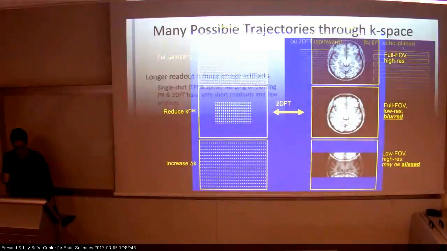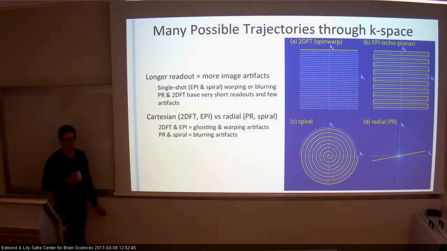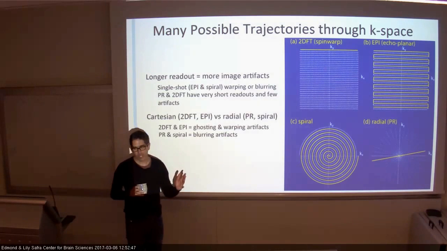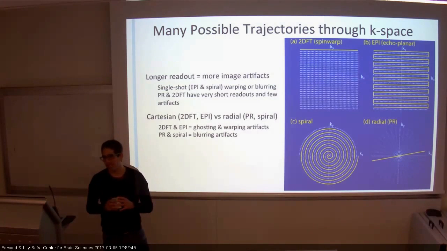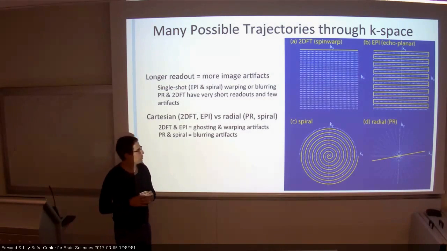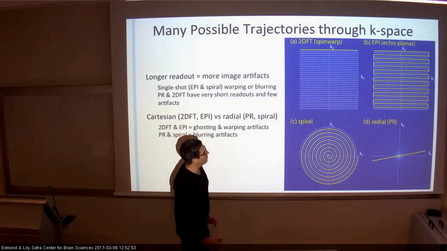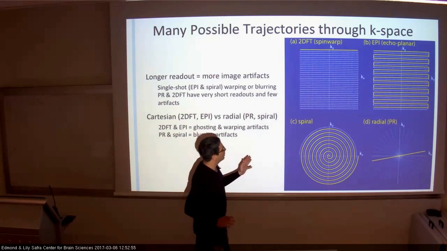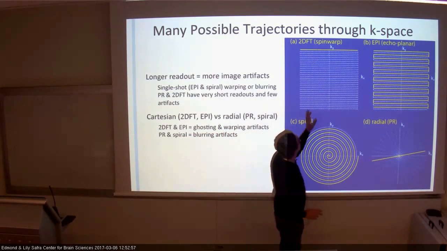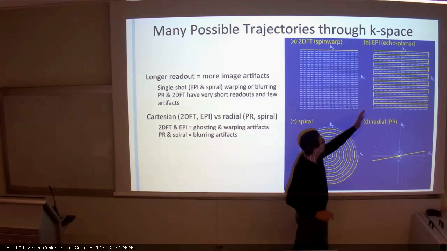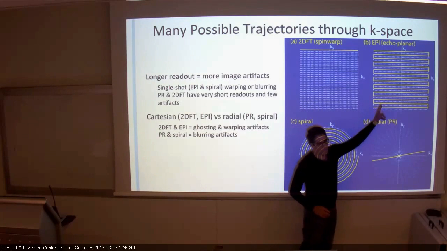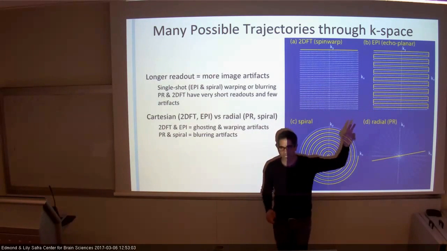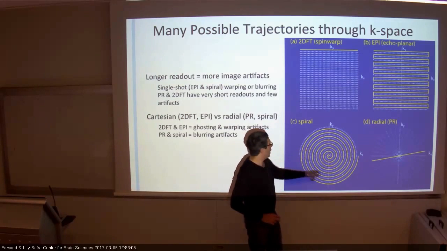Now, some people like working in the Fourier space, or K-space, so they design different ways to sample K-space. That's the research. They will say it might be better to do it line by line. Maybe we do echo-planar, which allows jumping between lines in K-space. Maybe we're going to do spirals and so on.